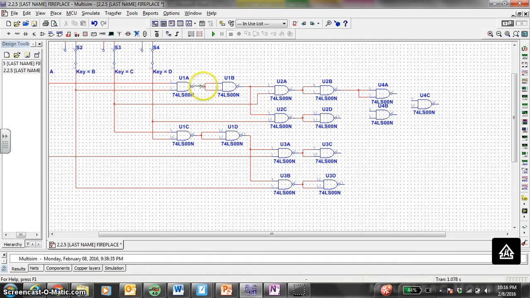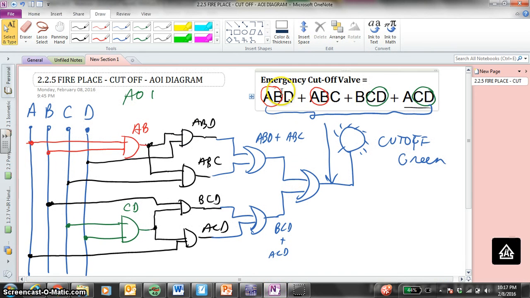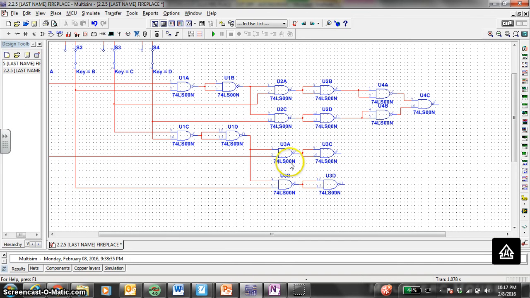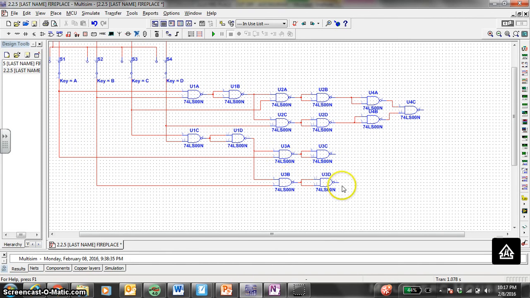This is ABD. This gets split. And then they combine here. Okay. So that is ABD or ABC. And we need to do the OR part over here, BCD or ACD. Here's our ACD. Here's our BCD.